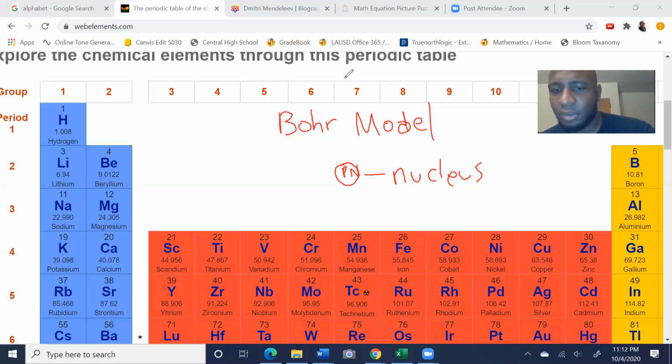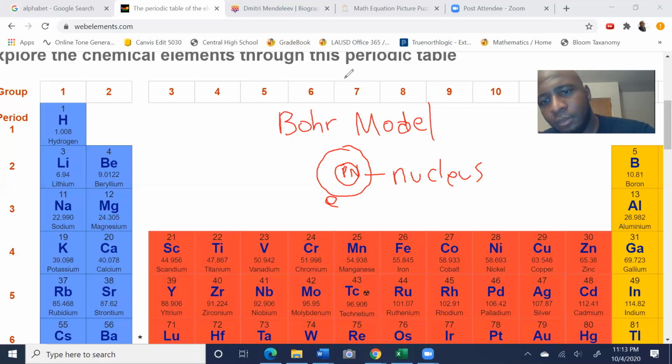I'll get to what all those things mean. On the outside, circling around, are the electrons. Electrons move, they're circling around the nucleus. So this is what an element would look like.